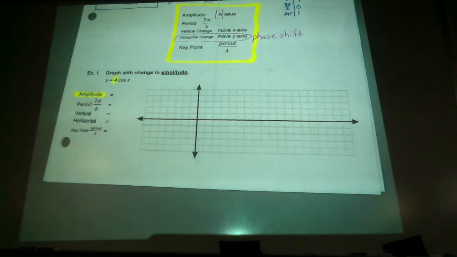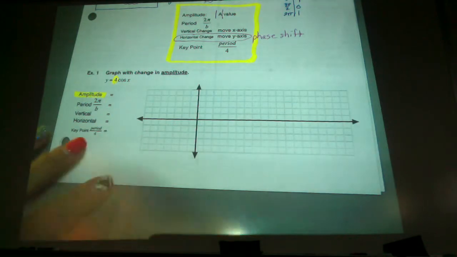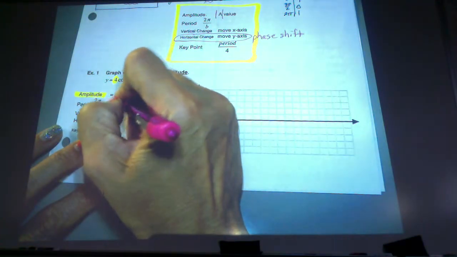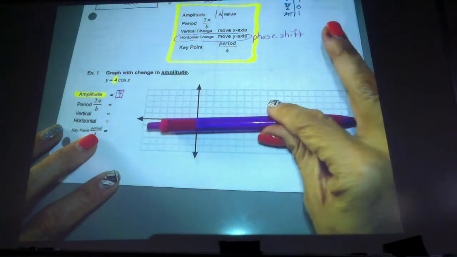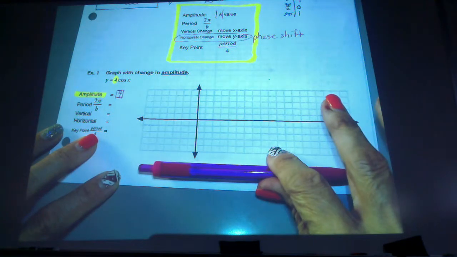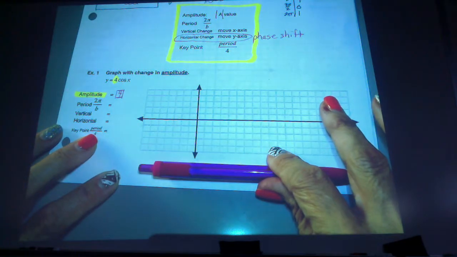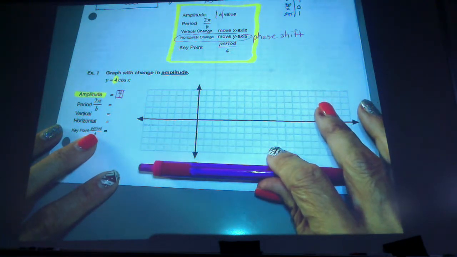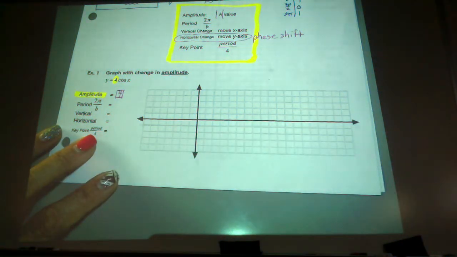So let's just look at a change in amplitude. So what's our amplitude? 4. That means that my graph is going to go no more than 4 above the x-axis and no more than 4 below the x-axis. That is our limit, so to speak. Our period, we have to calculate each and every time.